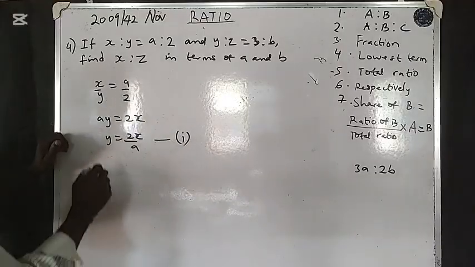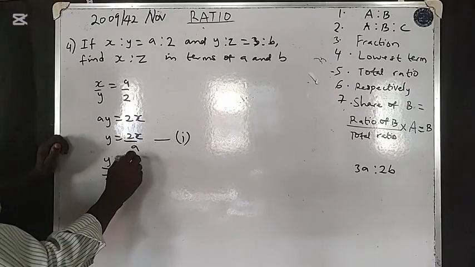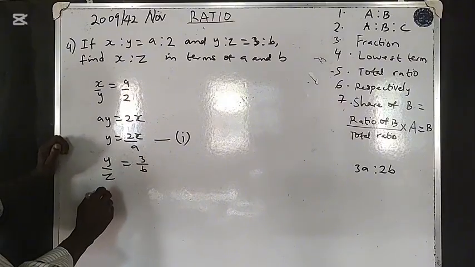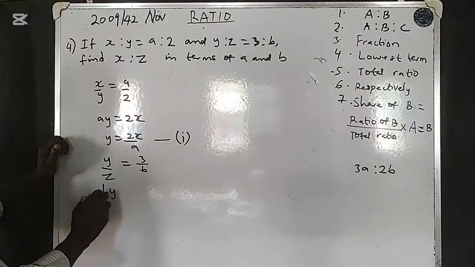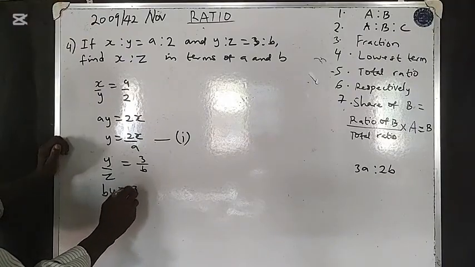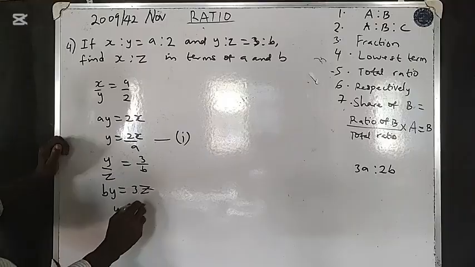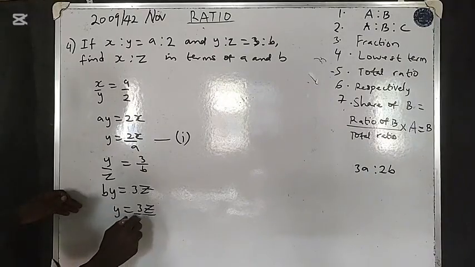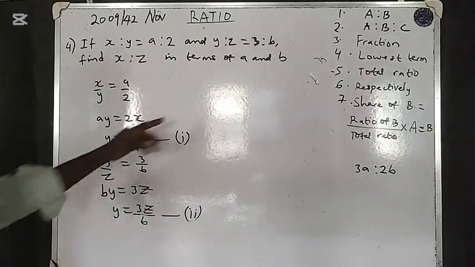Then our equation 2 says y over z, that is y ratio z, equals 3 ratio b, that is 3 over b. When we make y subject, we have by equals 3z. So we have y equals 3z over b. So this is our second equation. So y equals this, y equals this.